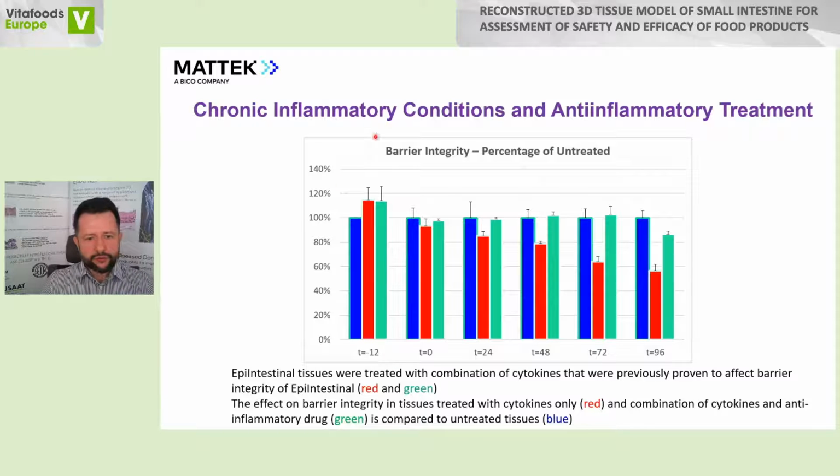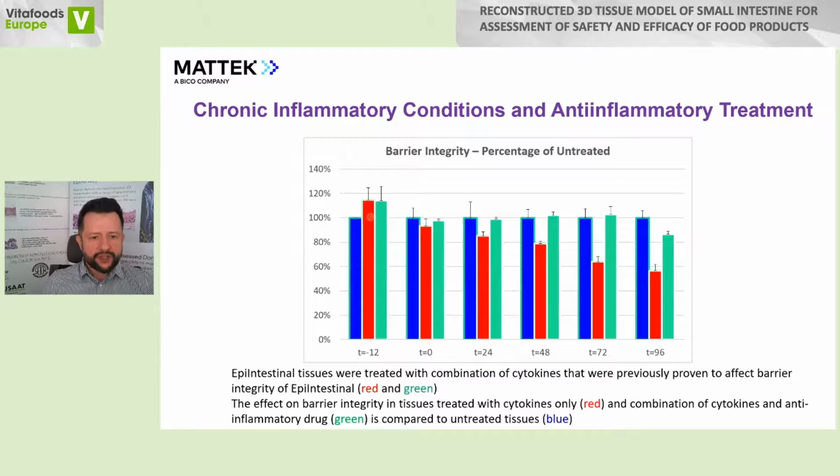This is just to show you an example where the tissue was treated with these cytokines, and that this condition can actually be reverted. So this is the integrity in blue bars. This is the integrity of the control tissues.